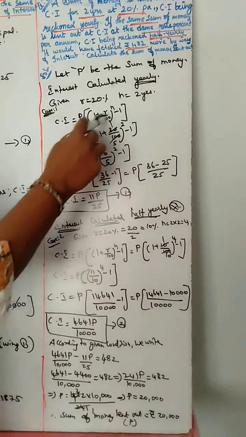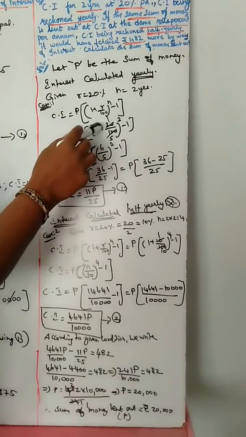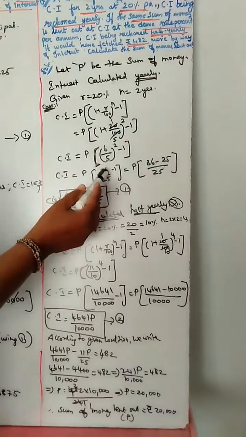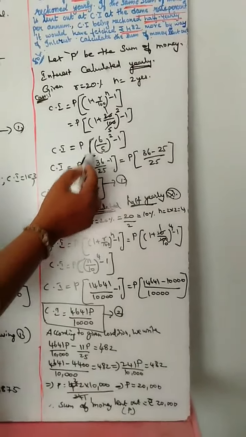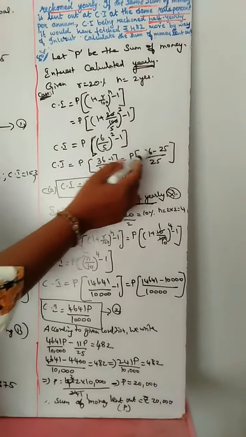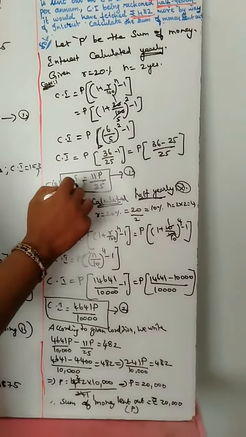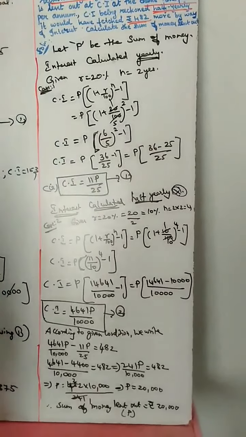So after cancelling, then by taking LCM, that is 5 plus 5 into 1, 5, 5 plus 1 is 6, 6 by 5 the whole square. Squaring you will be getting 36 by 25 minus 1, that is P will be there in the outside. So then again taking LCM here inside, that is P of 36 minus 25 by 25, which is equal to CA is equal to 11P by 25, which is calculated yearly. Consider this as equation 1.